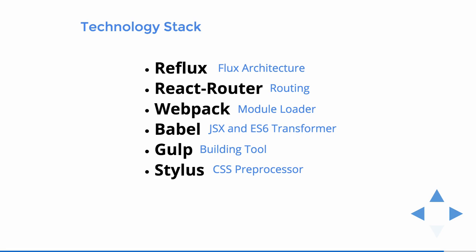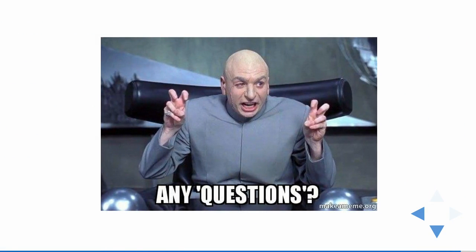And stylus is a CSS preprocessor which lets you write simplified CSS code. It's also very cool. You should check it out. And also Jest is included for testing your components. Okay. So that's basically it.